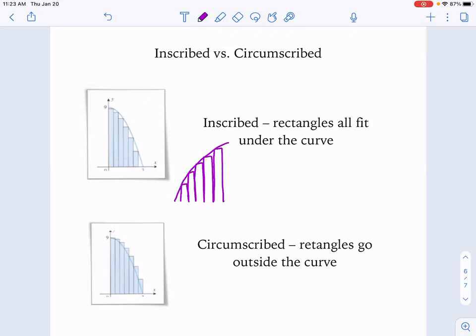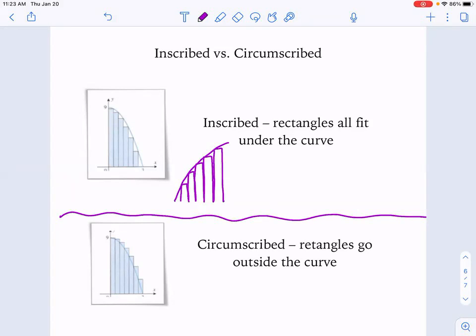Okay. So if I ask you to find the under approximation of the area, it will be important to note if our function is increasing or decreasing on that interval for you to be able to choose whether to do right or left.